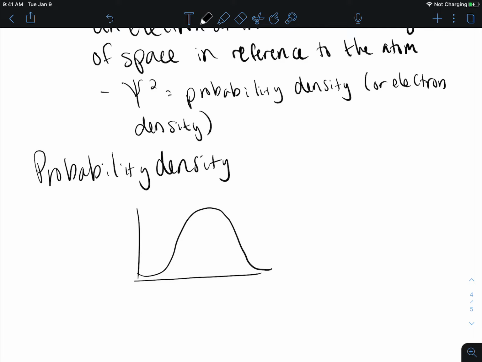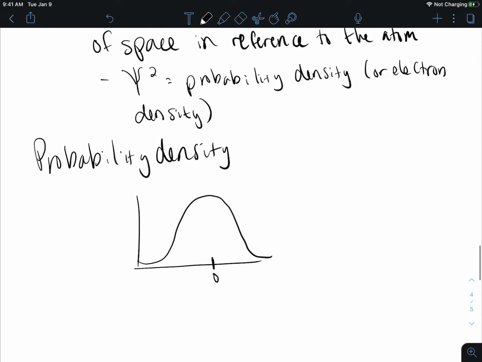Okay, so it basically gives you the probability of finding an electron a specific distance away from the nucleus. So this is our 0 point, and it goes from there.